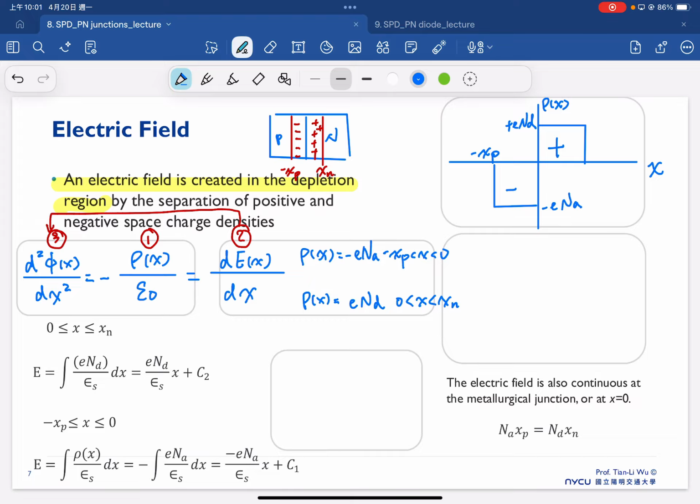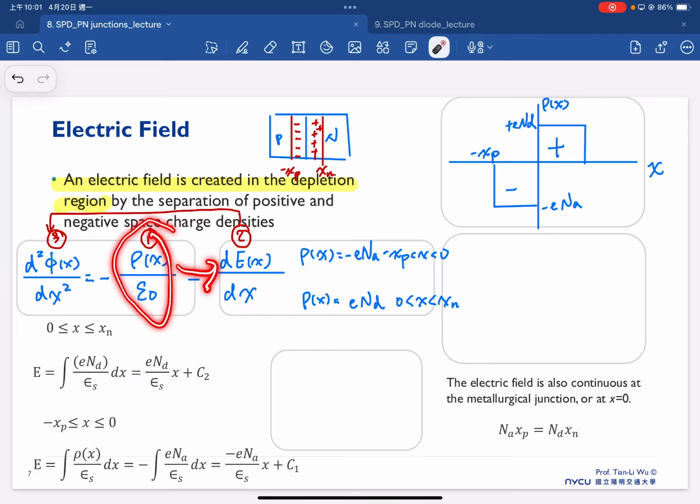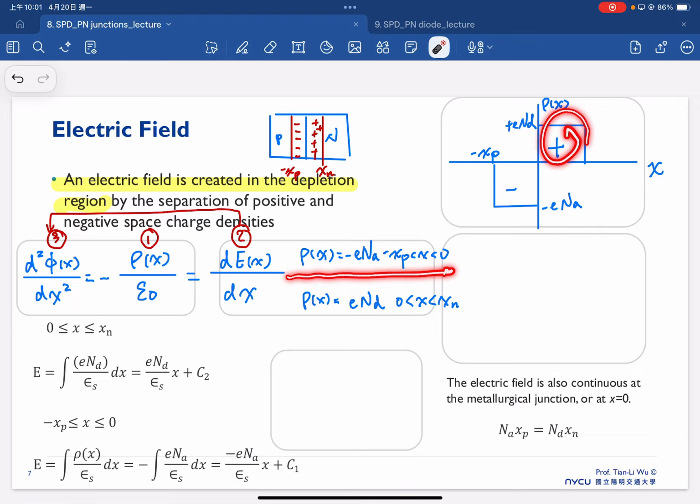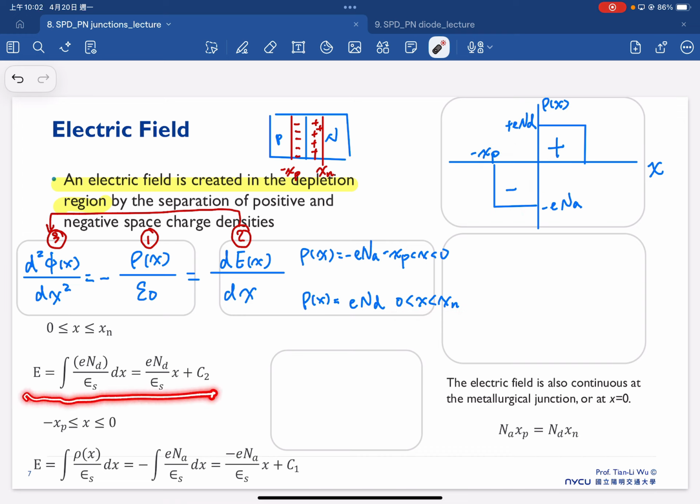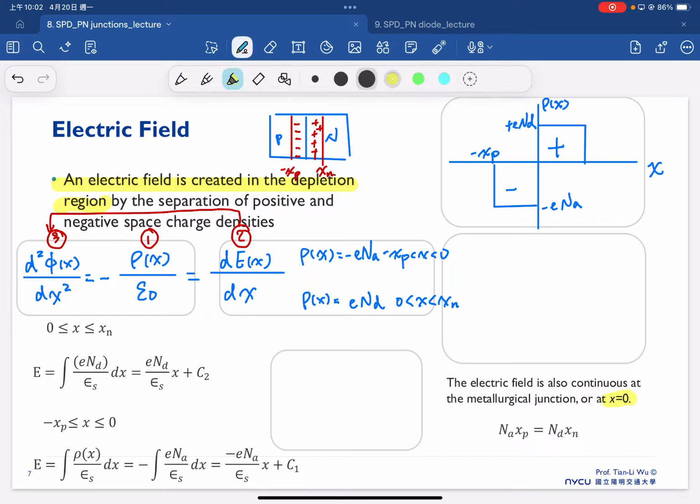The goal is to integrate this term to get the electric field. Now we have the charge distribution as a constant in this region and constant in this region, and therefore we can do the integration as shown here. And the electric field is also continuous at x equal to 0, and therefore we will have this result.